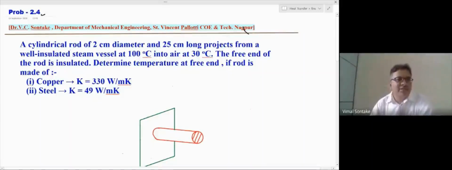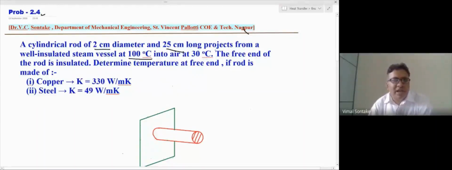Problem goes like this. A cylindrical rod of 2 centimeter diameter and 25 centimeter long projects from a well-insulated steam vessel at 100 degrees Celsius into air at 30 degrees Celsius.